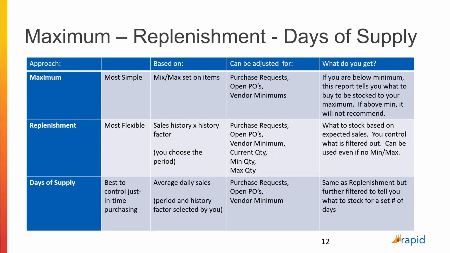Now, with days of supply, we consider this best to control that just-in-time purchasing. Similar to replenishment, it is based on sales history, but it is looking at your average daily sales. Again, it does have options, so you can adjust what Counterpoint suggests as quantities, very similar to replenishment.